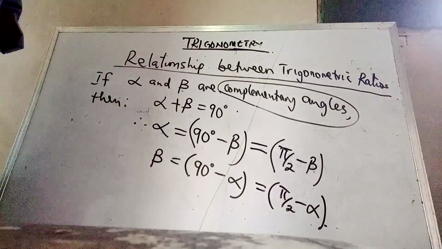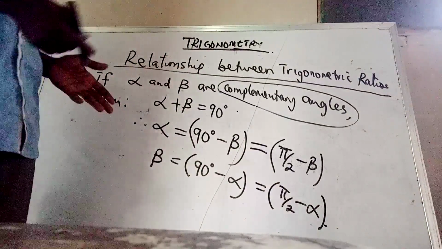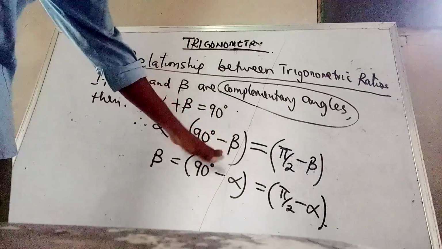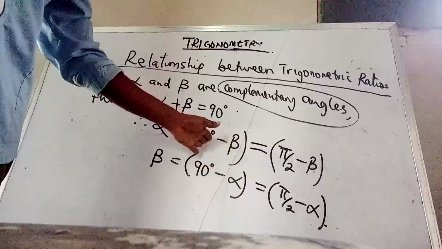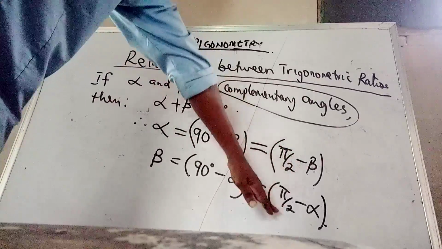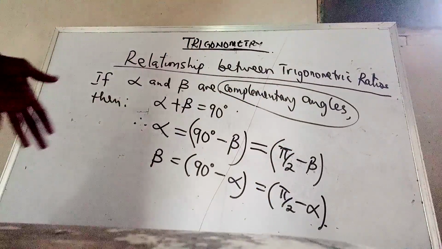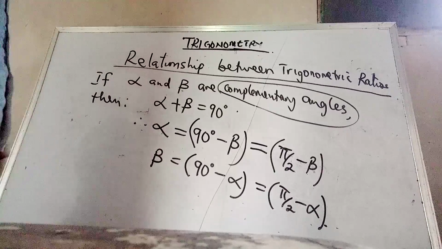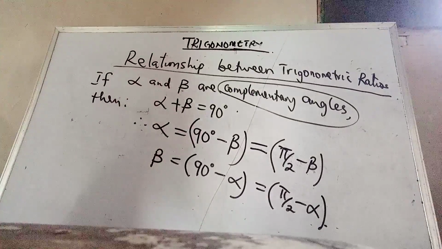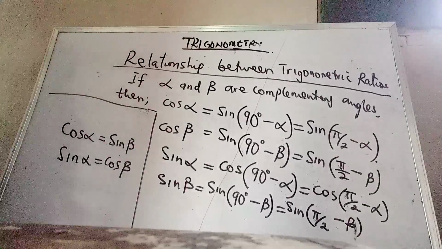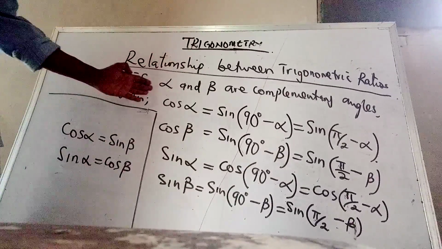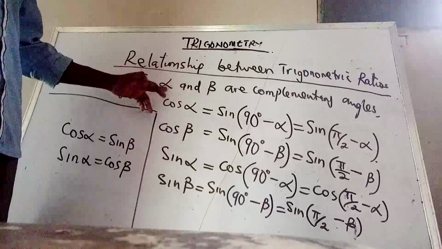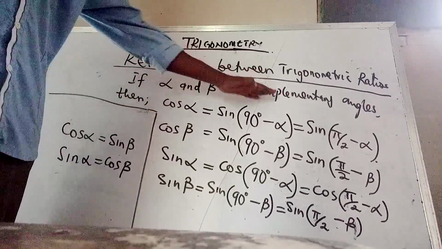Do not be disturbed or confused. Degree, radians. If I'm talking about degree, this is it. If it is radian, this is it. So I'm still saying the same thing, okay? Finally, on this episode, let's assume that alpha and beta are complementary angles.